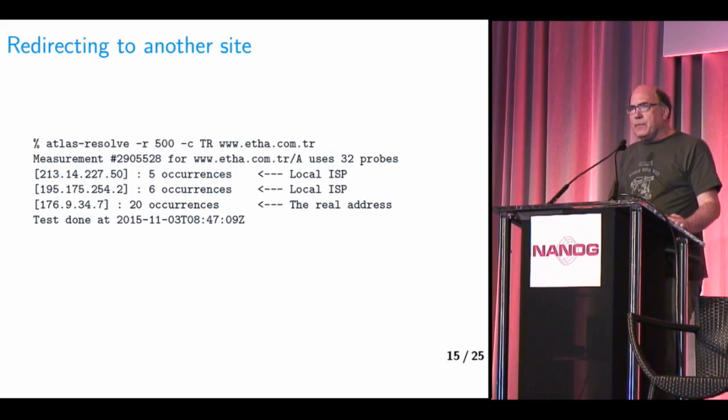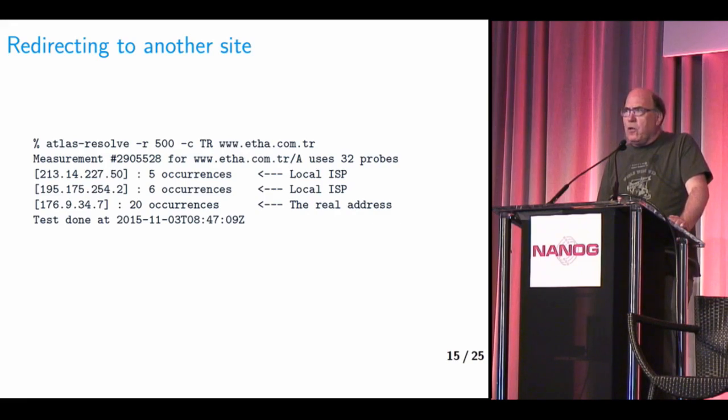Another thing that was not done in the first case is that DNS lies can be used to redirect to another site. Here is an example in Turkey. This website distributed information which displeased the local government, so there was an order to redirect to another site.